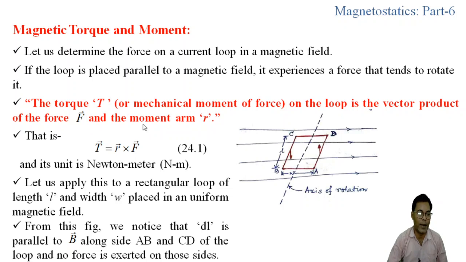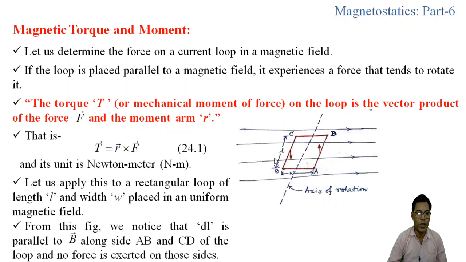You can see that the torque T, or the mechanical moment of force on the loop, is the vector product of the force and the moment arm R. So mathematically we can write that the magnetic torque T equals R cross F, and its unit is Newton meter.